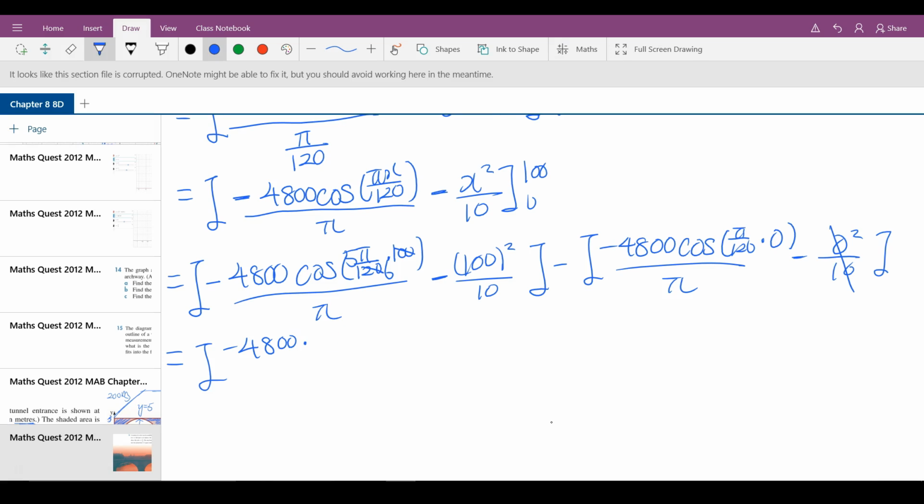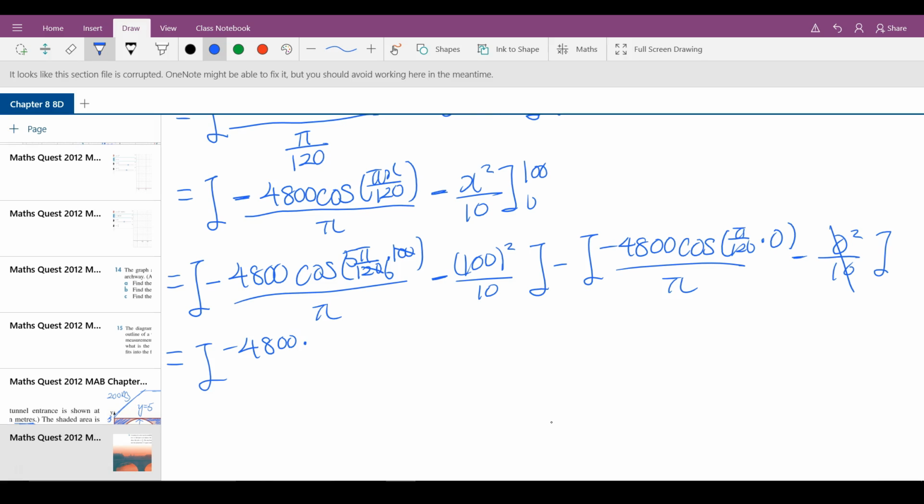Make sure your calculator is in radian mode if you want to go cos 5 pi over 6, or if you want to use the angle 150 instead of 5 pi over 6, make sure your calculator is in degree mode. I'm going to go radian mode, because radian has an R in it.